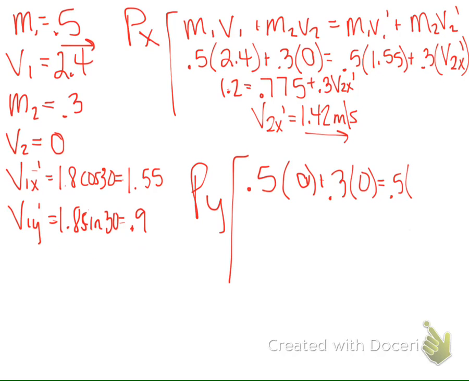Okay, that's what we solved for over here from our original picture. And it was going up, so that means it's in the positive direction. And this is v sub 2 y prime, even though I can barely fit it in there. Okay, v sub 2 y prime. So this whole left side will equal 0.